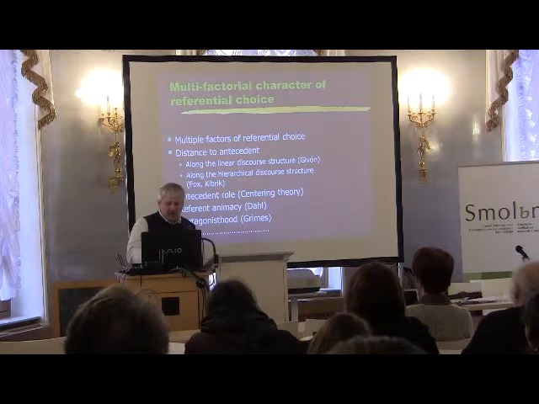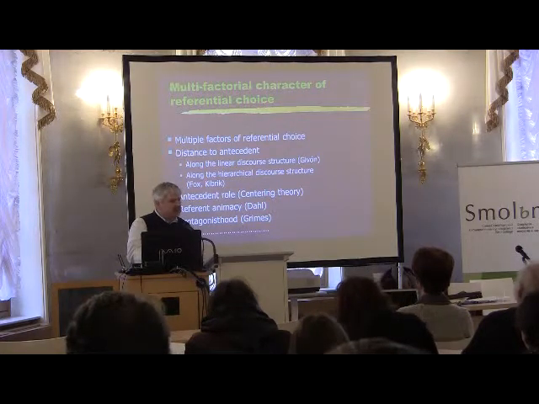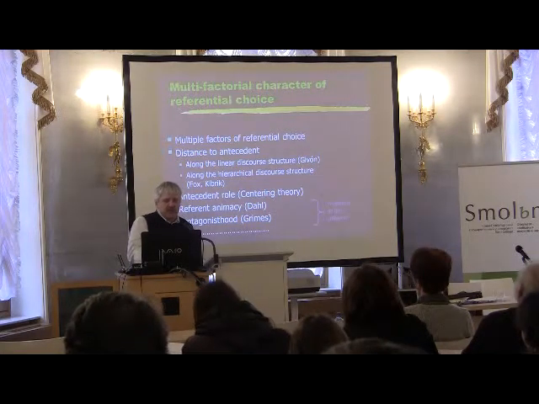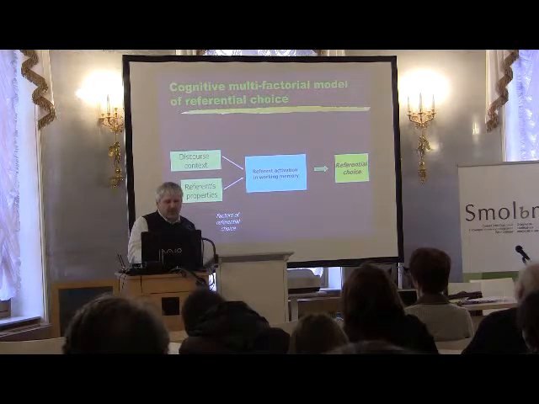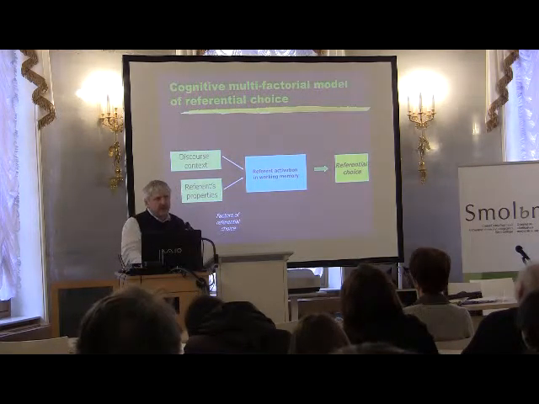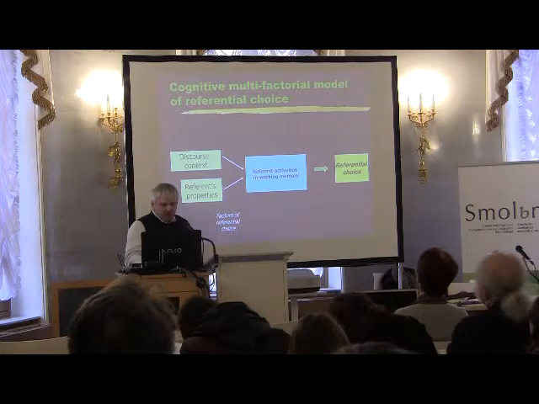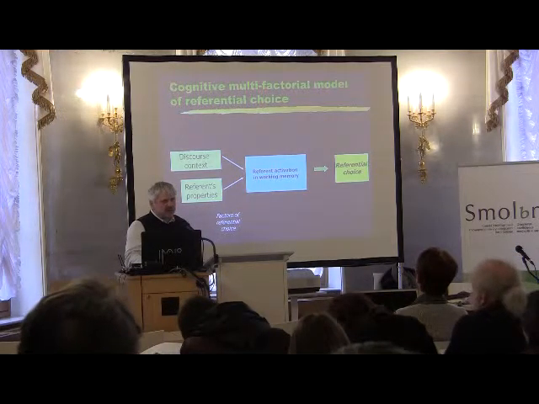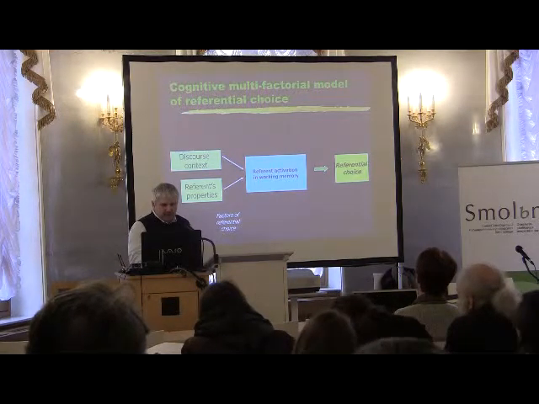I will show you a longer list of factors in a minute. So there are factors associated with the discourse context and the factors associated with the referent as such, kind of independently of the current mention of the referent. In terms of theory, we operate with this kind of model in which there is a variety of factors belonging to two biggest groups, as I already mentioned.